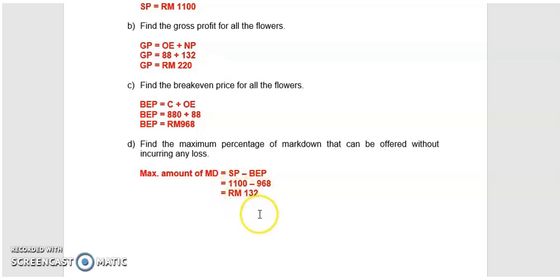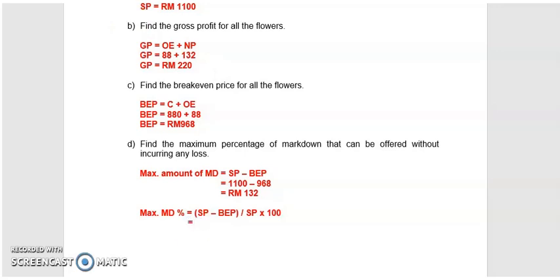So this is in terms of amount. So in terms of percentage, so how to calculate percentage? Maximum markdown percentage equal to maximum amount of markdown, okay, SP minus BEP just now, and then divide by original selling price, rate or percentage multiplied by 100.